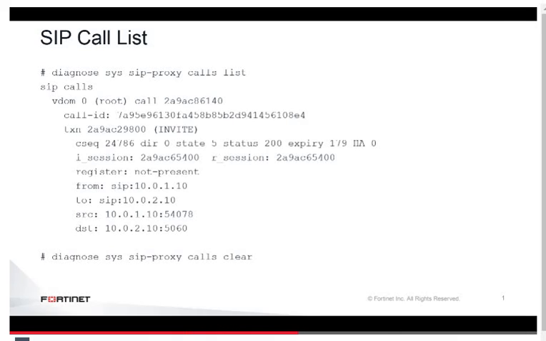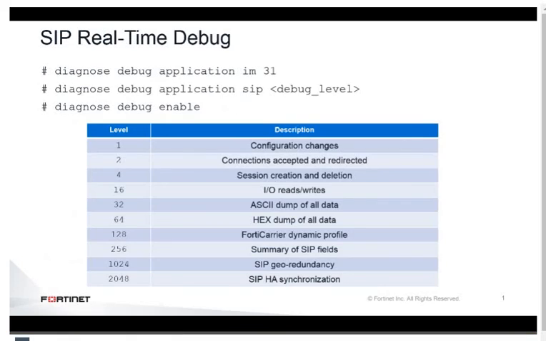The command diagnose sys sip proxy calls clear disconnects all the active SIP calls. There are two real-time debugs that display information about SIP traffic: diagnose debug application im, and diagnose debug application sip with a debug level.